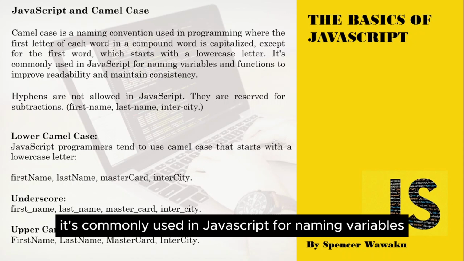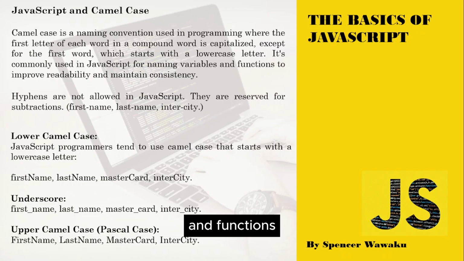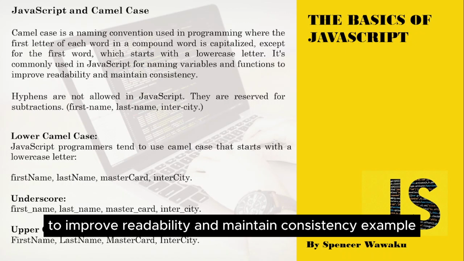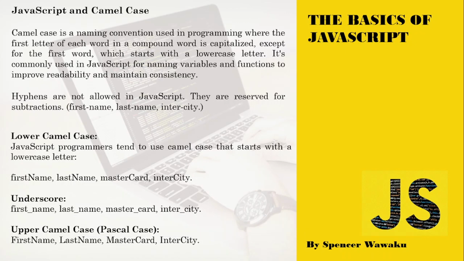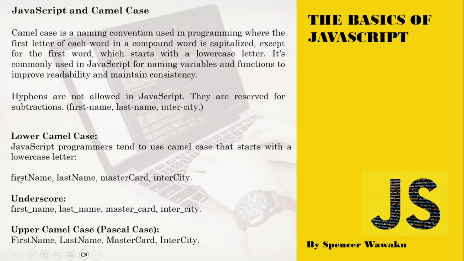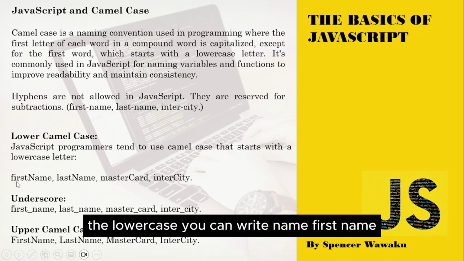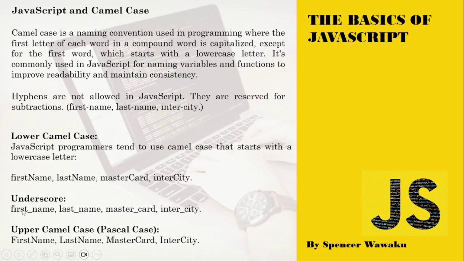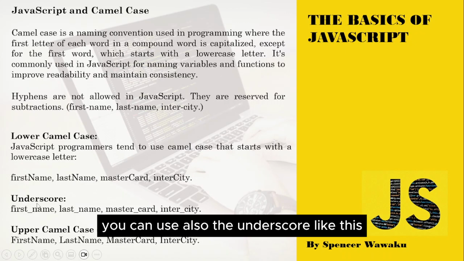It's commonly used in JavaScript for naming variables and functions to improve readability and maintain consistency. Example: in lowercase, you can write name, first name, last name like this. You can also use the underscore like this.